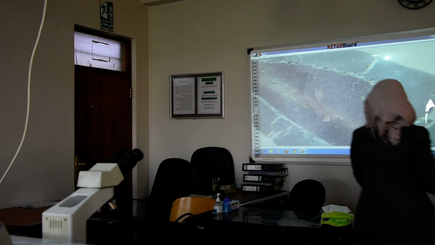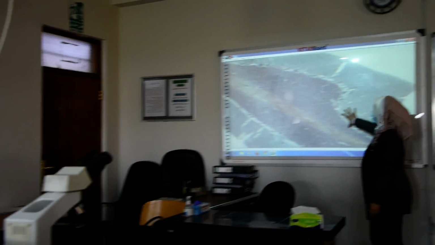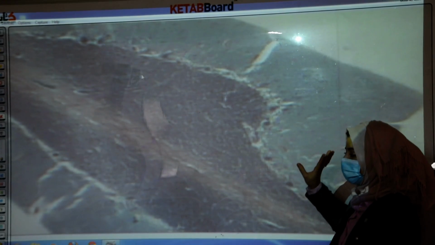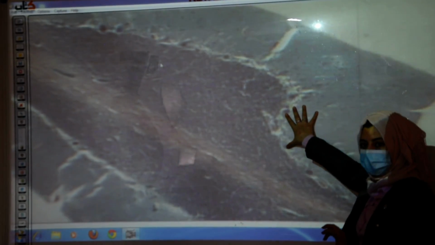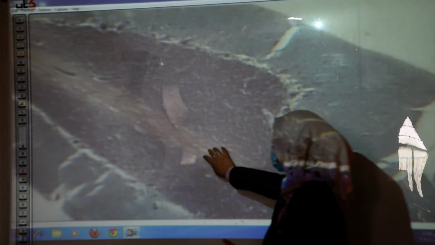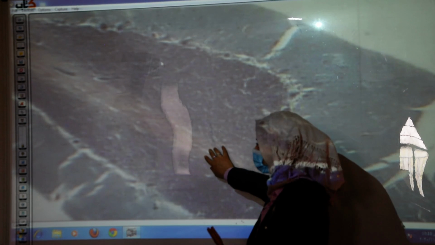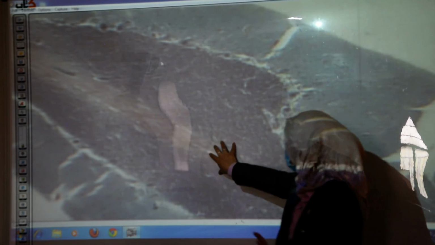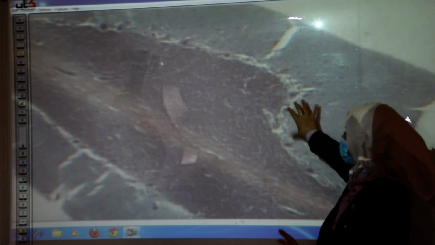These are the cerebellum. Also, it has gray matter and white matter, but in the opposite arrangement: from outside, we find gray matter, while inside it's white matter.